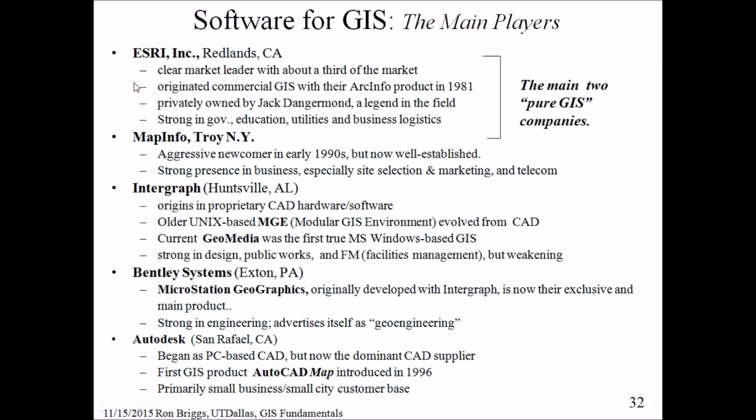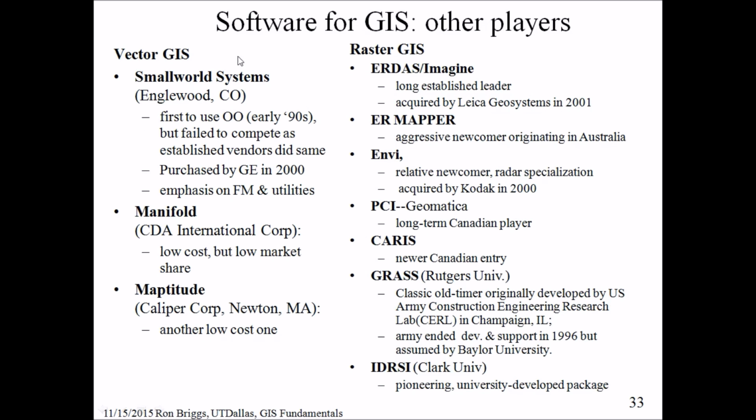We have GIS software packages. The main player is ESRI, one of the topmost proprietary software makers, and it is taught in schools, colleges, and universities. Then we have MapInfo, Intergraph, which has some very good ADAS imaging, then Bentley, Autodesk, all of which are very good. There are other players too.